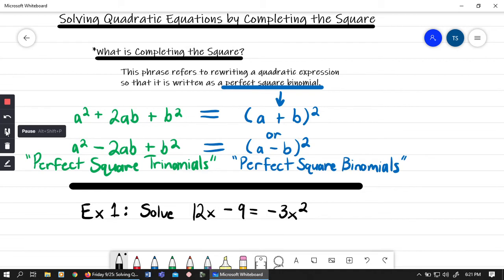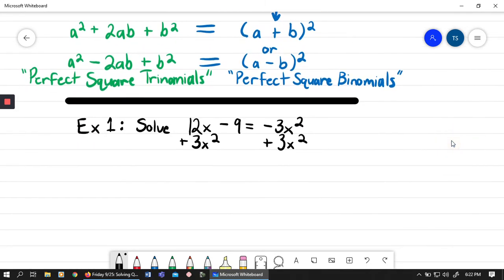But again, in standard form, if all three terms are on the same side of the equation, it may be a little easier for some folks to tell what we mean by the a value. So if we add 3x squared to both sides, that's 3x squared plus 12x minus 9 equals 0.